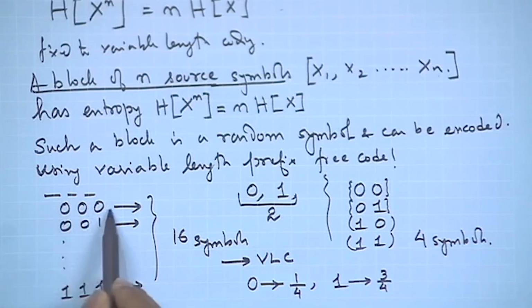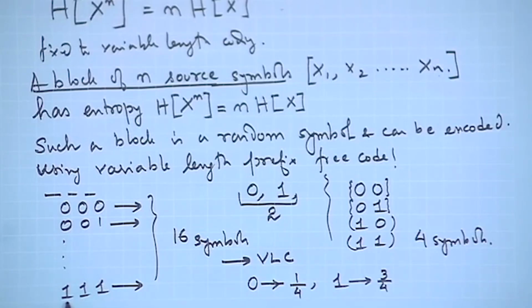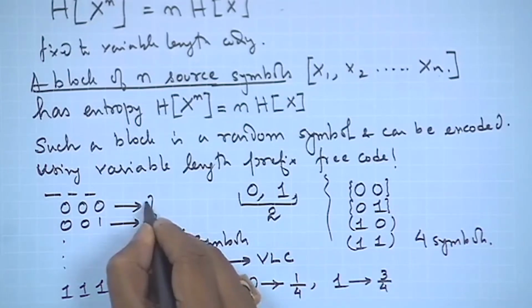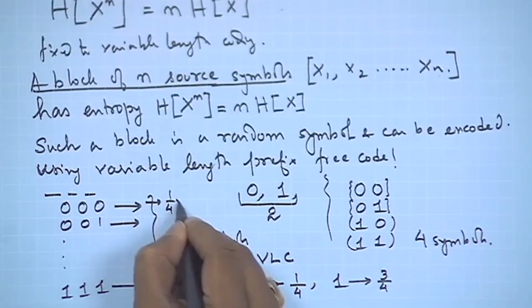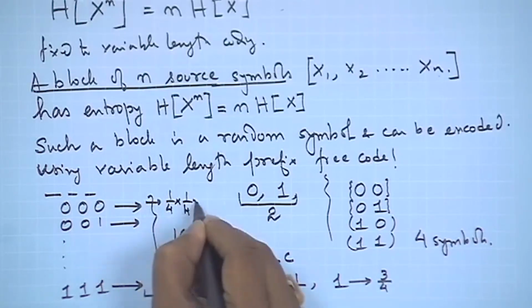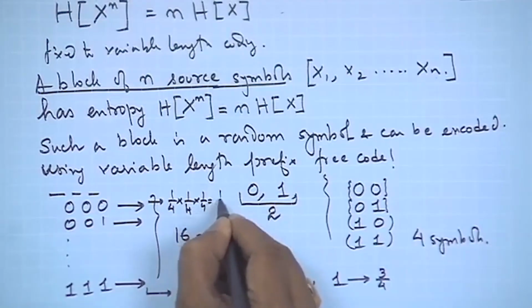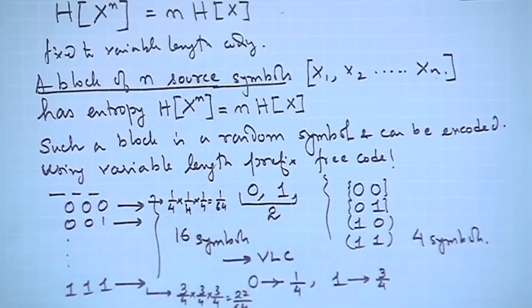And 111 has a probability of 3 by 4 multiplied by 3 by 4 multiplied by 3 by 4, which is 27 upon 64.